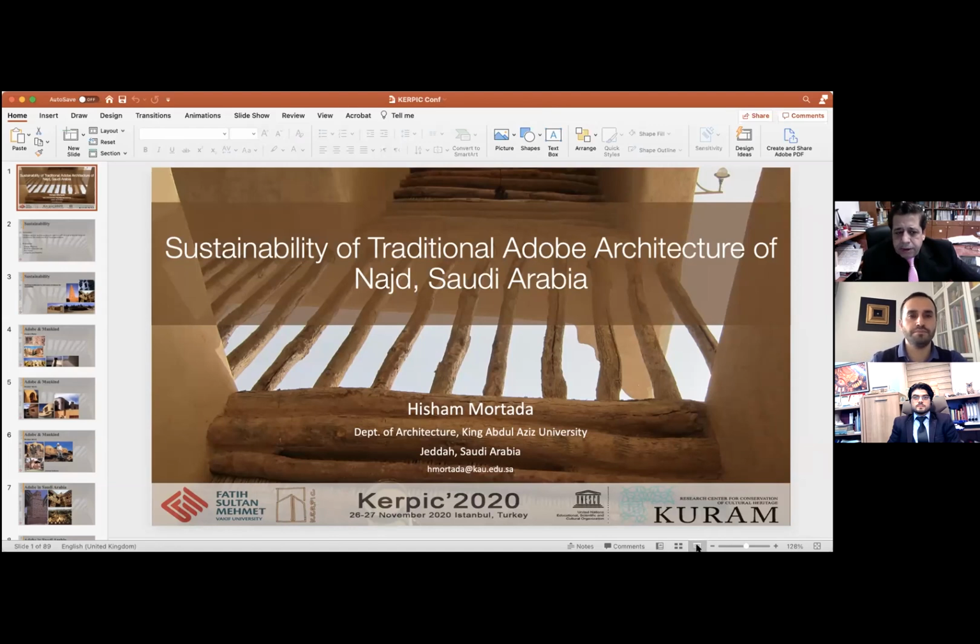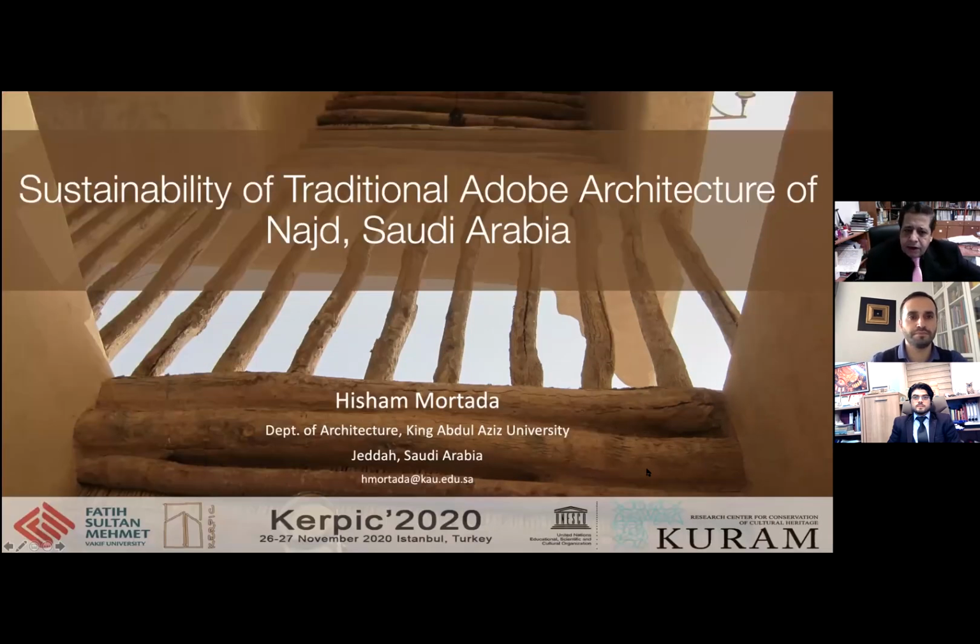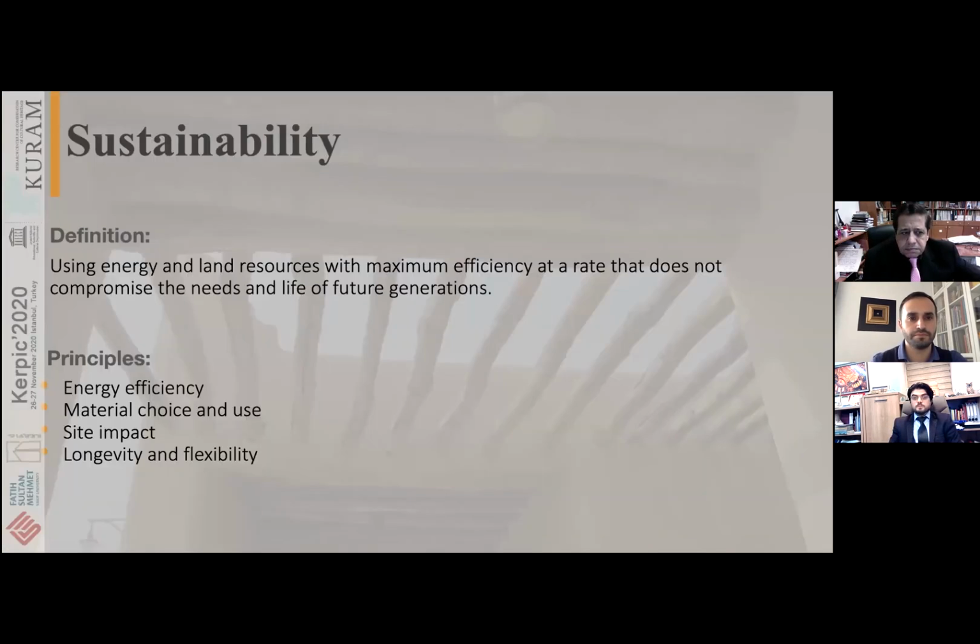I will be talking about the sustainability of traditional Adobe architecture of Najd region in Saudi Arabia. Most scholars define sustainability as using energy and land resources with maximum efficiency at a rate that does not compromise the needs and life of future generations.